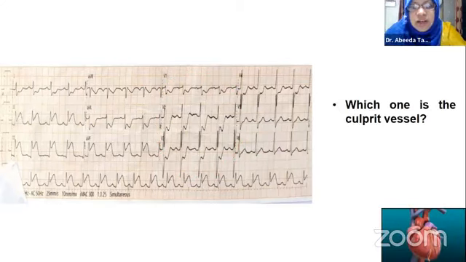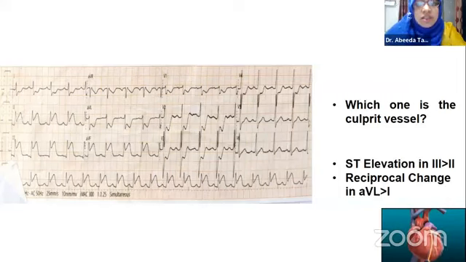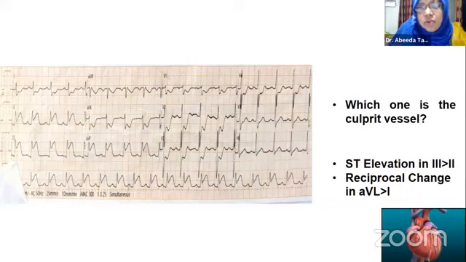So here, which one will be the culprit vessel? As I have already mentioned, if the ST elevation in lead 3 is more than lead 2, it is most likely right coronary artery involvement, along with reciprocal change in AVL of more than 1.